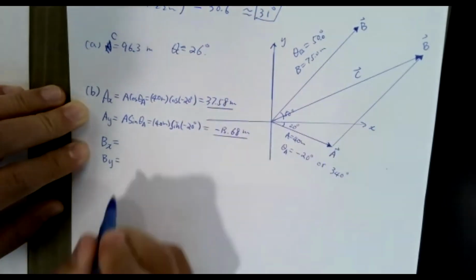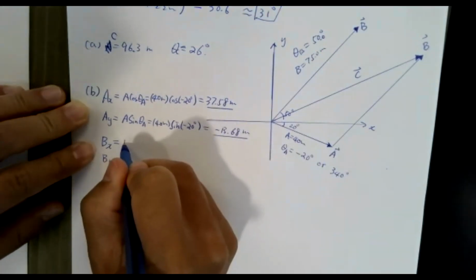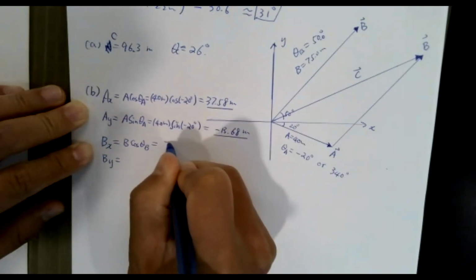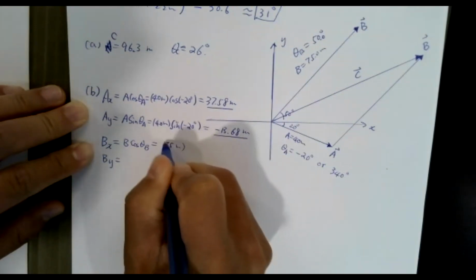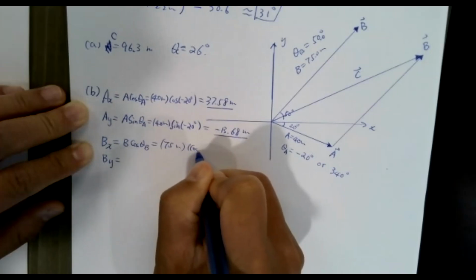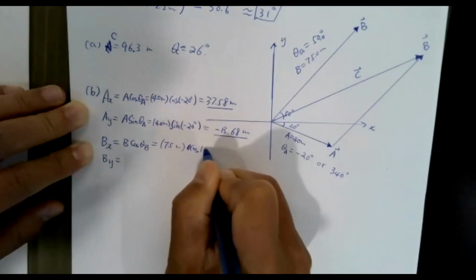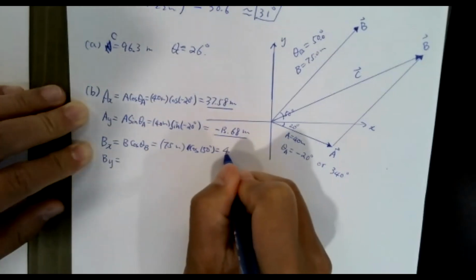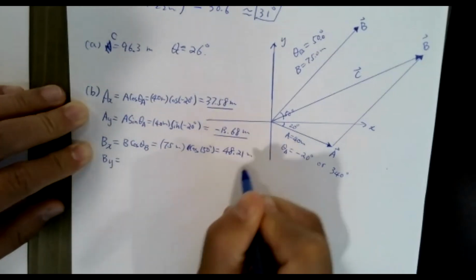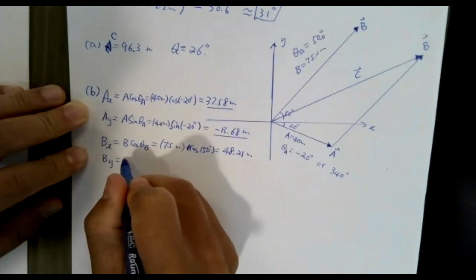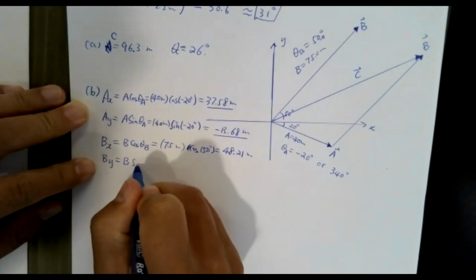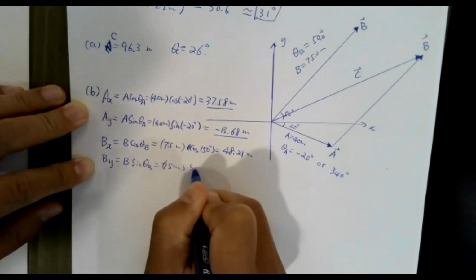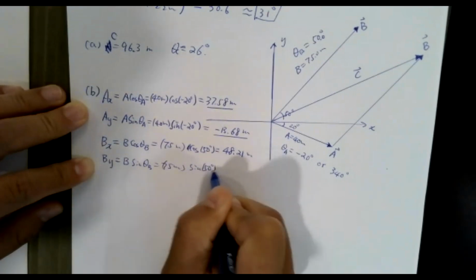Okay, and then the Bx component will be B cosine theta B, 75 cosine of 50 degrees, okay? That will give you 48.21 meters. By will be B sine of theta B, that will be 75 meters sine of 50 degrees, okay?